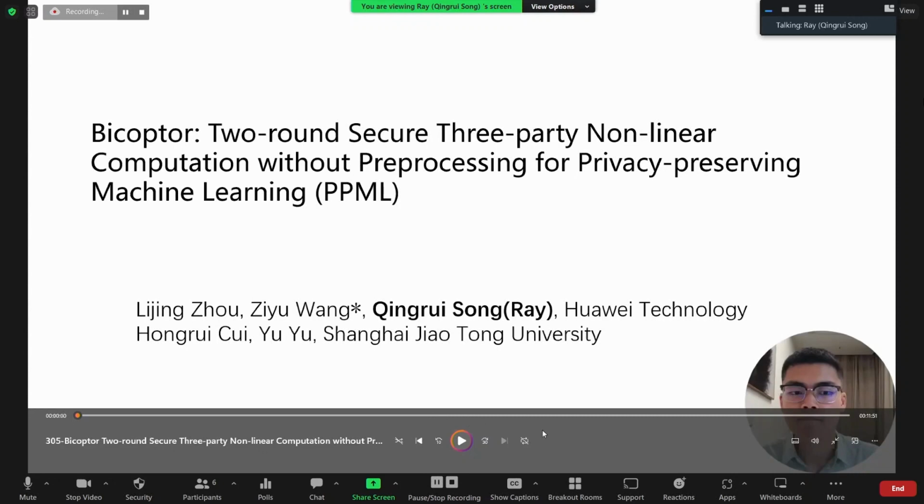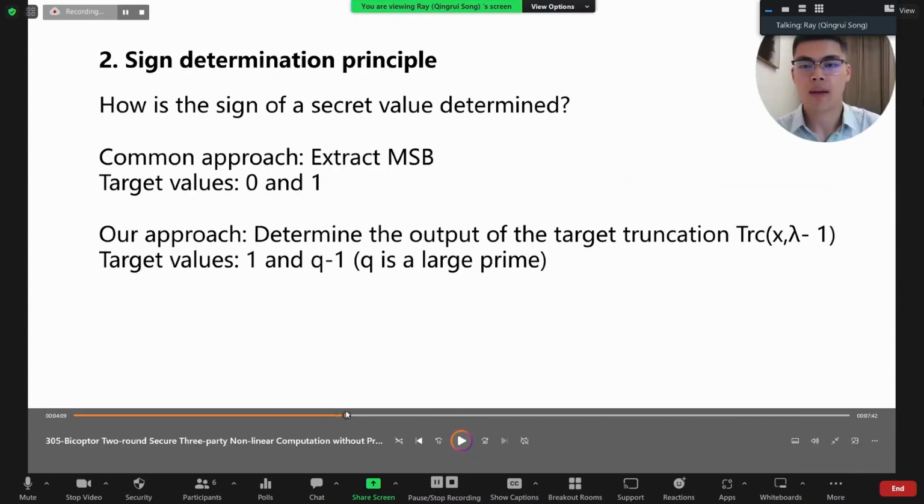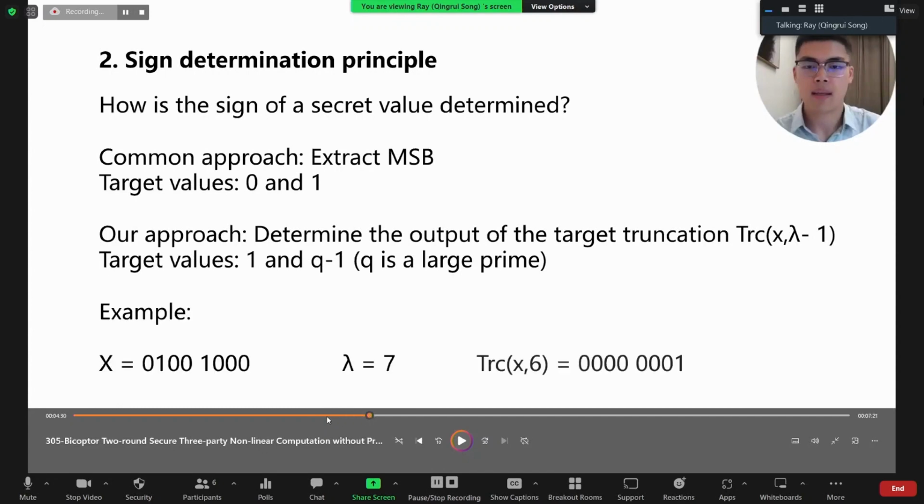Yeah, sure. I'll quickly pop into this page. Can you see my screen now? Yes. Basically, what we're doing is trying to find the most significant non-zero bit of the input's absolute value. The commonly used way is to extract the MSB, which is just the first bit on the left.